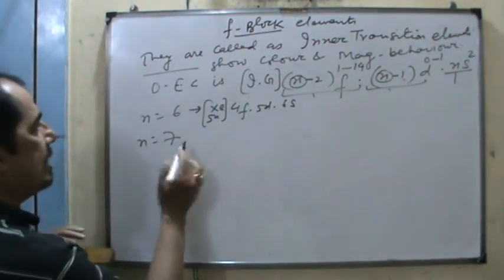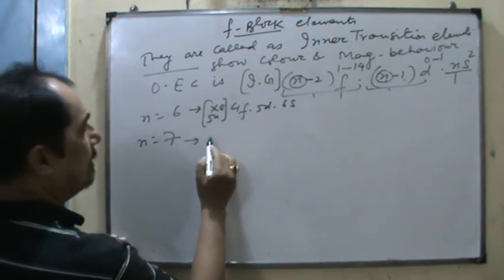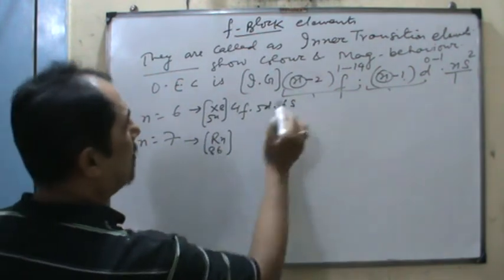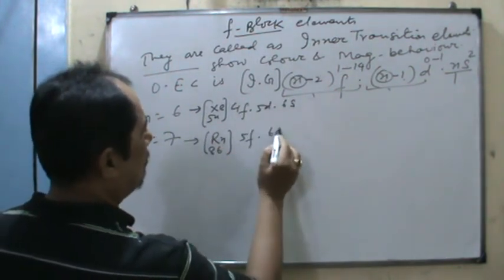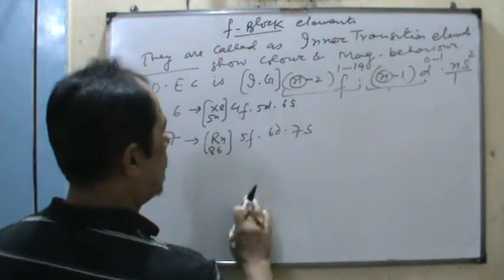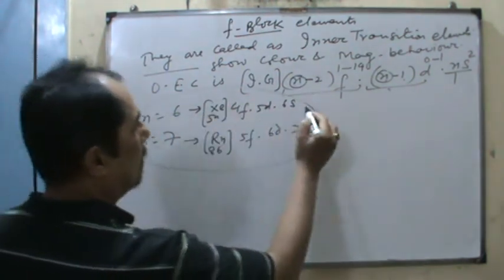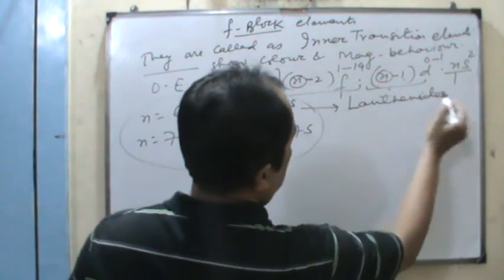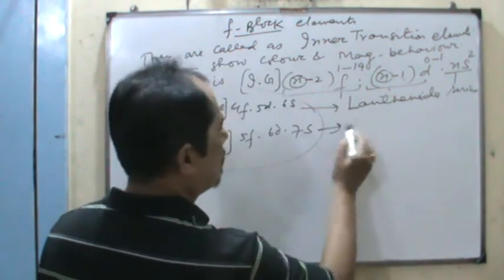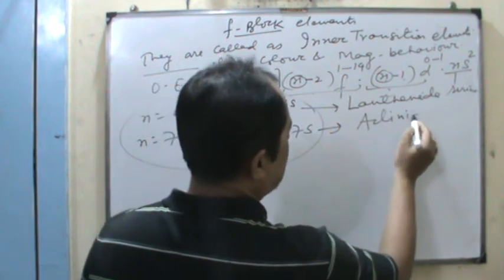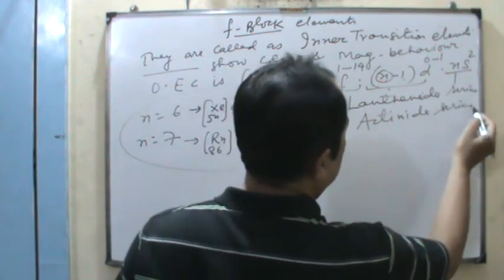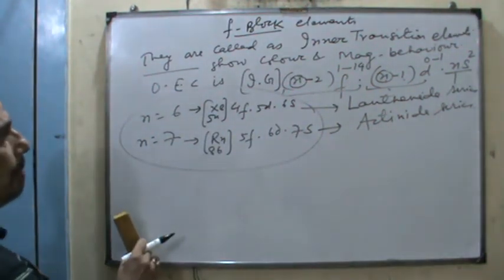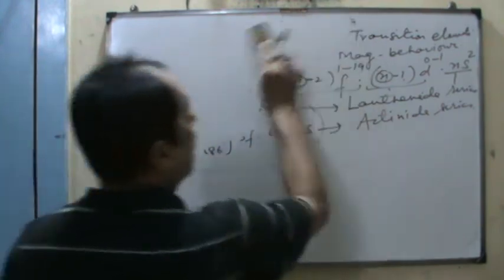So far as the actinide series is concerned, it is radon 86, 7 minus 2 5f, 6d and 7s. The way it is the lanthanide series, and what series? Actinide series.